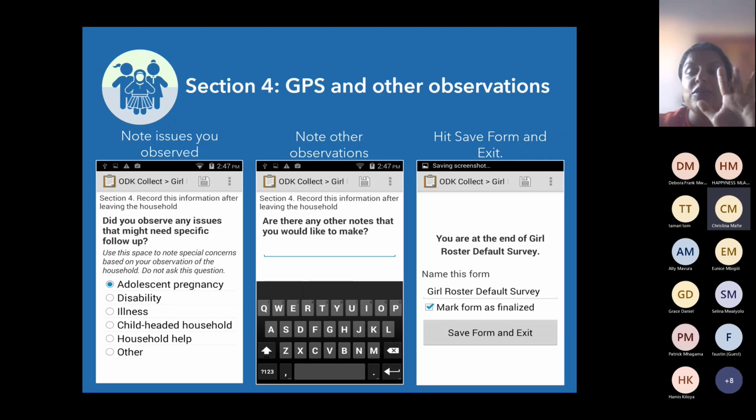So we give you some options here to note the issues you observed, and we give you answer choices for things that we think are important. You might have seen an adolescent who's pregnant. You might have observed disability or illness. You might have noticed that this is a child-headed home. You might have noticed household help that you don't think they were counting, or any other kind of observation.